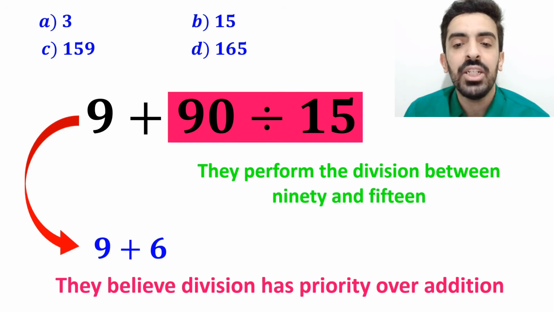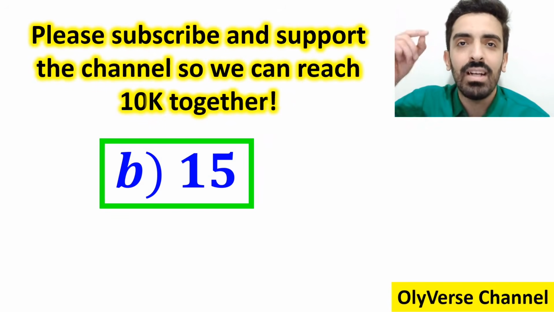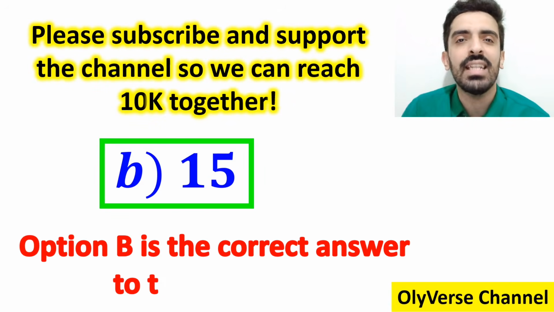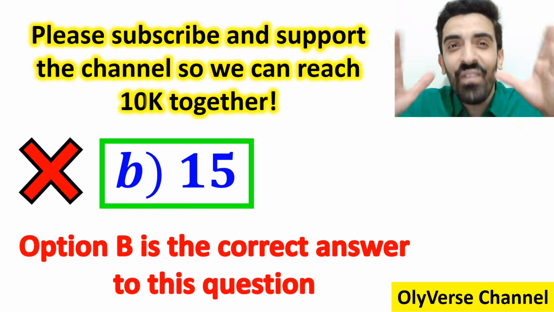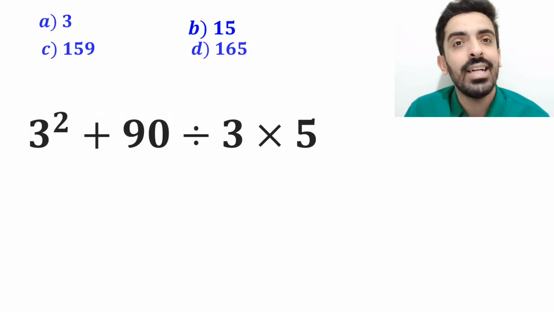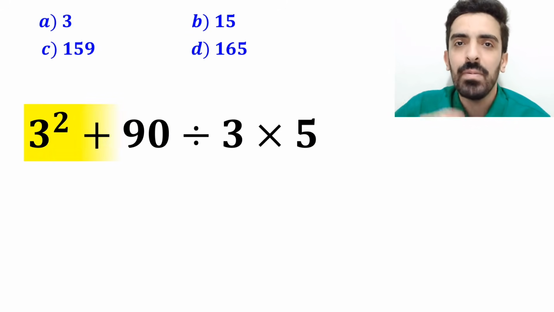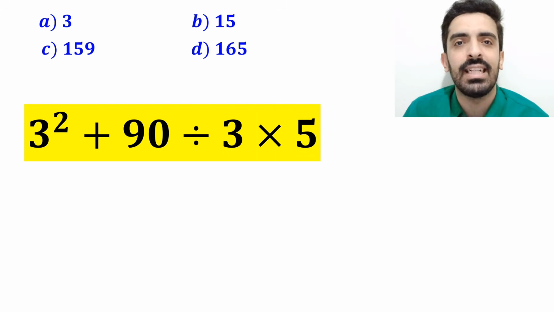And they rewrite this expression as 9 plus 6, which ultimately gives them the answer 15. And immediately, they conclude that option B is the correct answer to this question. However, that's definitely wrong. Alright, now let me explain step by step how to solve this expression correctly.